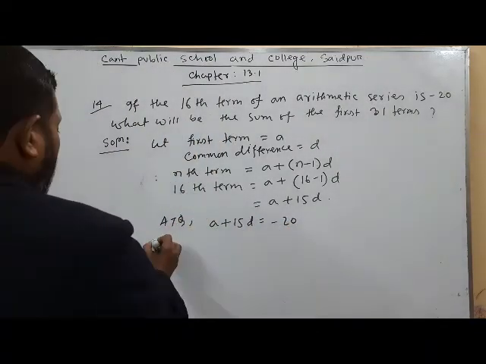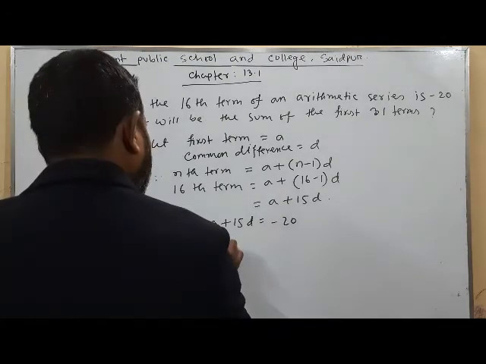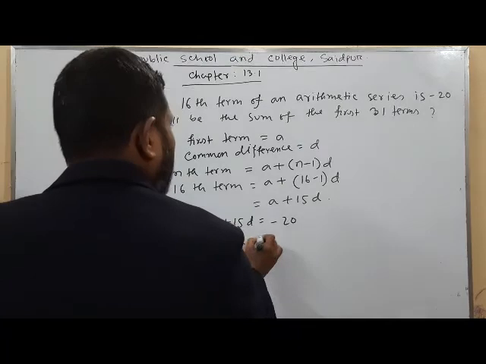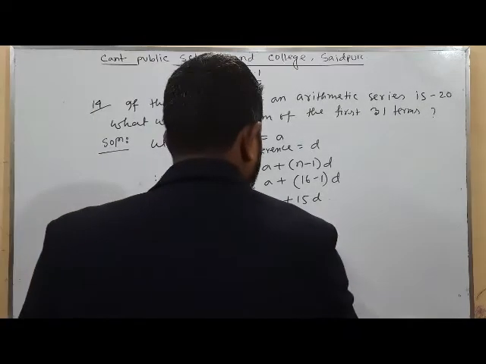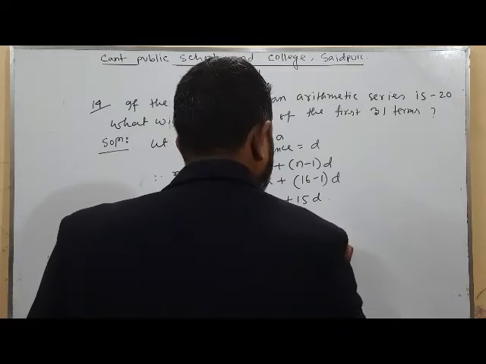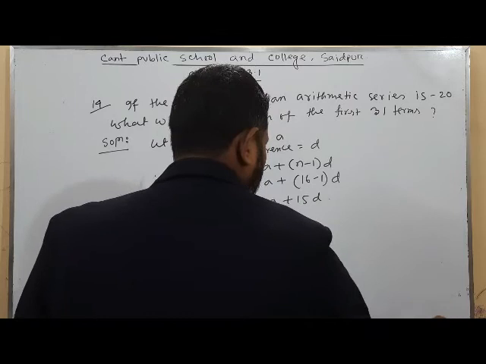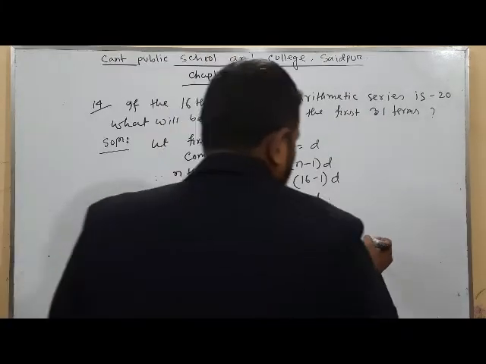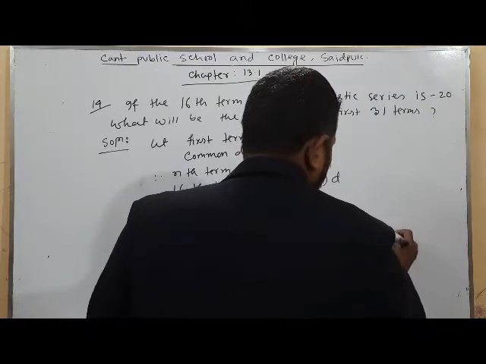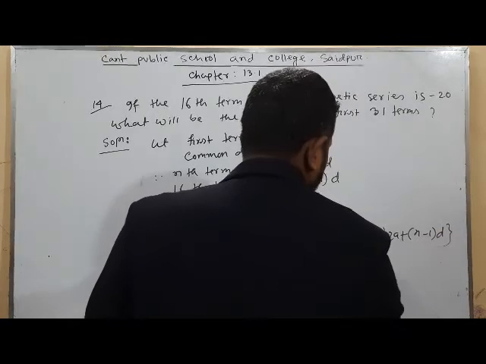Therefore, the sum of the first 31 terms will be n by 2 times (twice A plus (n minus 1) into D).